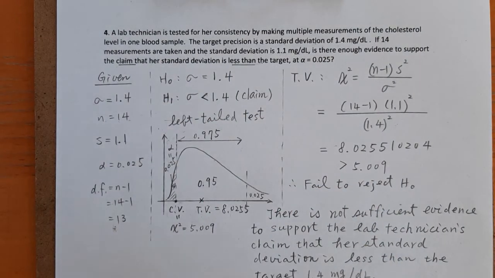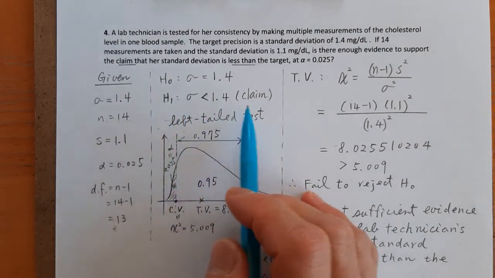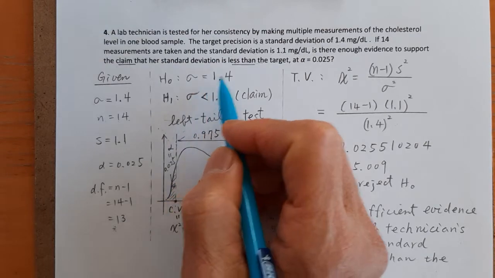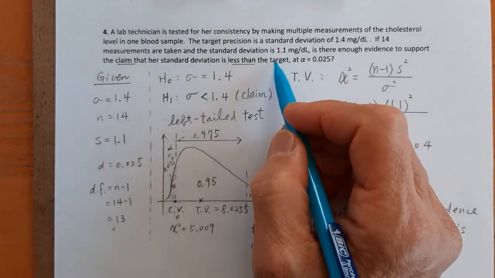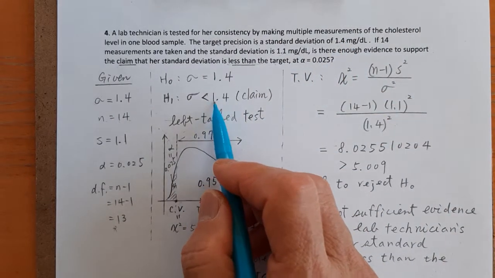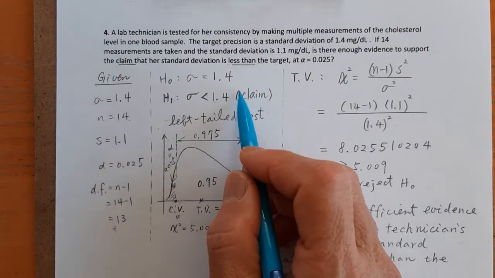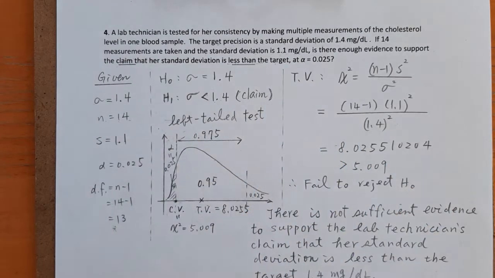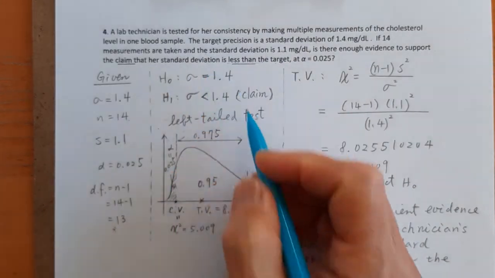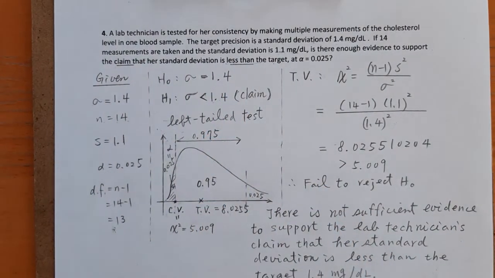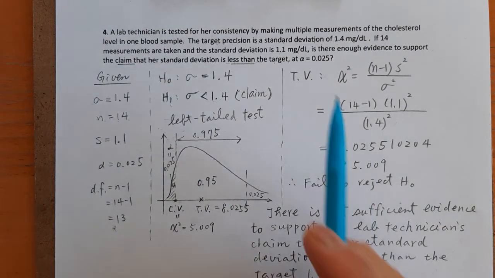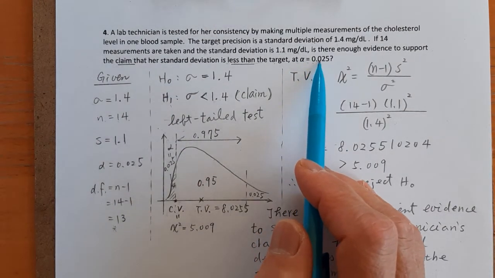The claim is that the standard deviation is less than the target, 1.4, so sigma is less than 1.4. This is the claim we want. The other one, H0, is with the equal sign, sigma equals 1.4. So first step, write down H0 and H1 and say at alpha equals 0.025.